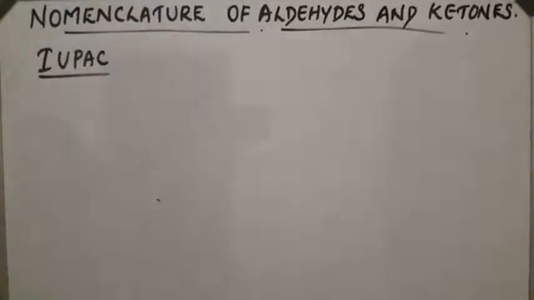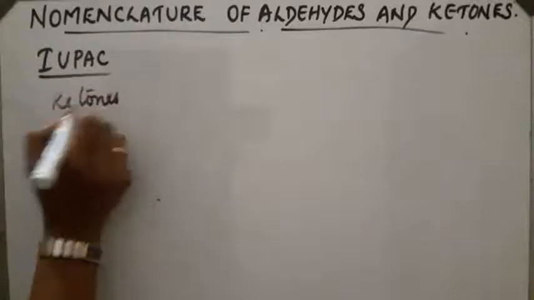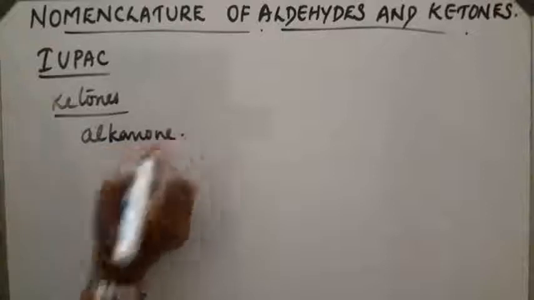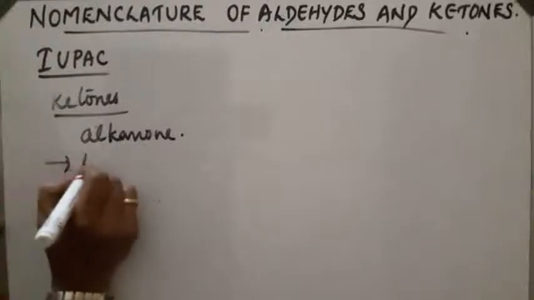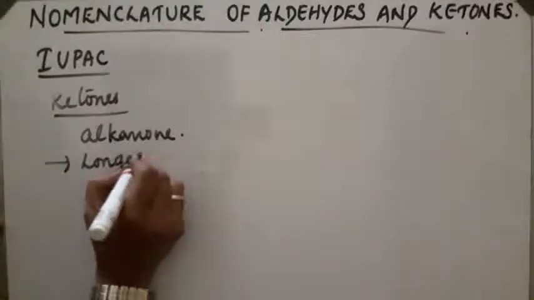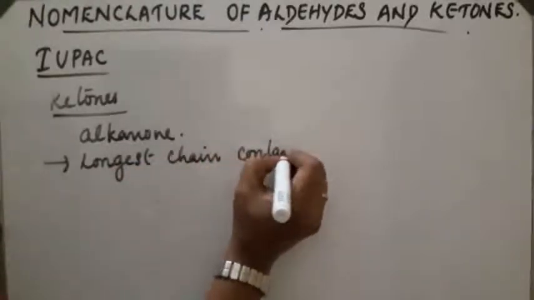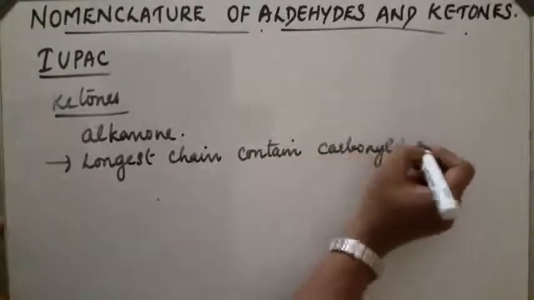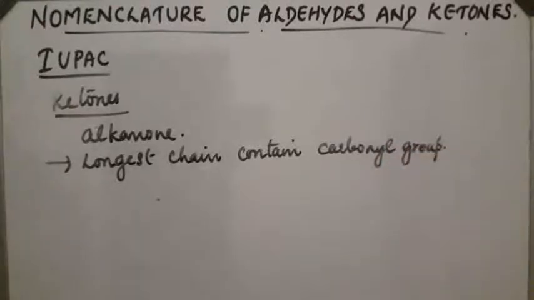Next, IUPAC naming of ketones. Ketones are written as alkanone. In this case, the e of the alkane is replaced by one. Next point: the longest chain contains the carbonyl group, or keto group.